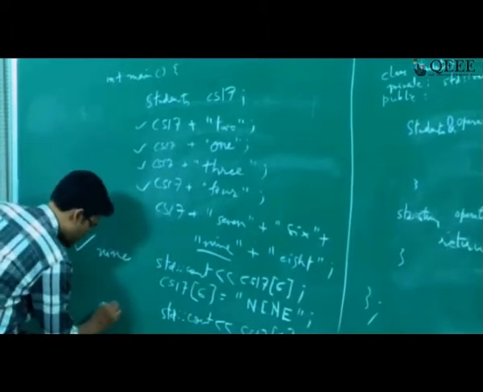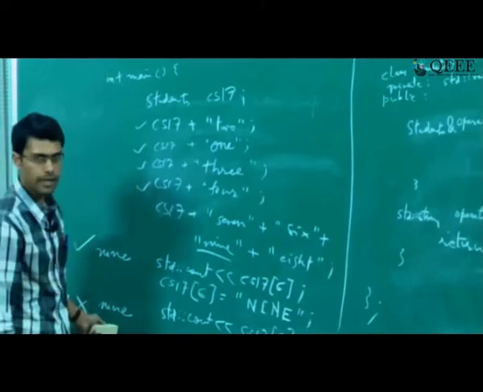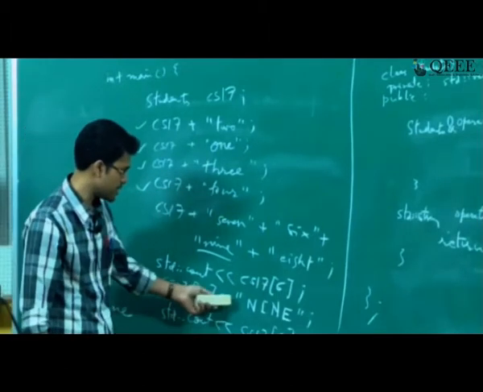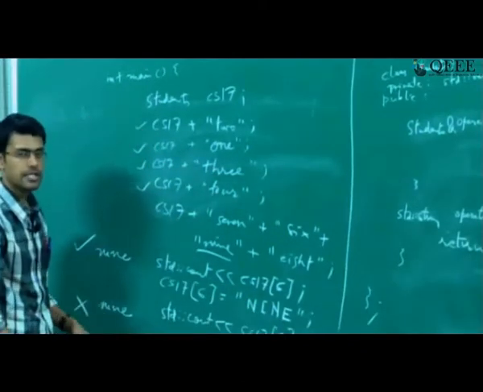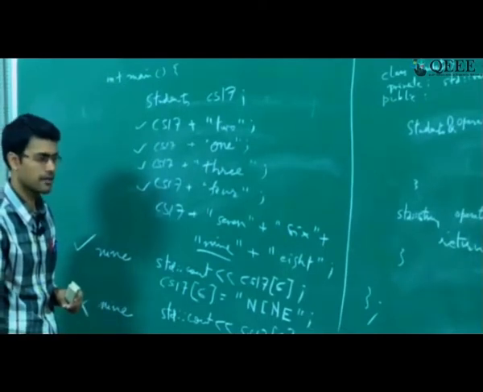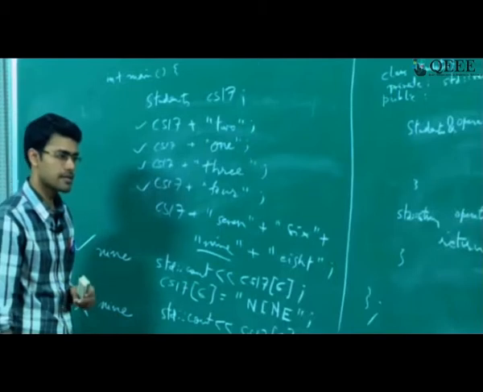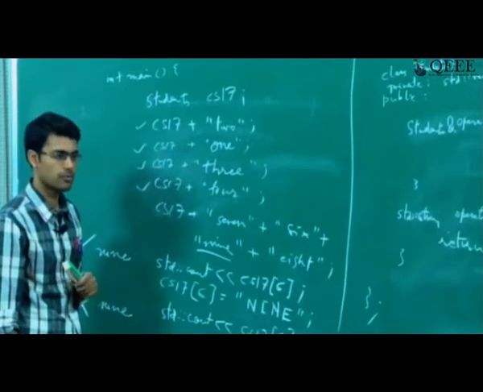However, this also prints 9, which is not what we wanted. We said that CS17 of 6 should be capital 9, whereas it is printing small case 9. So the changes are somehow not getting affected. Why is that happening? That is something which I would like you to point out.